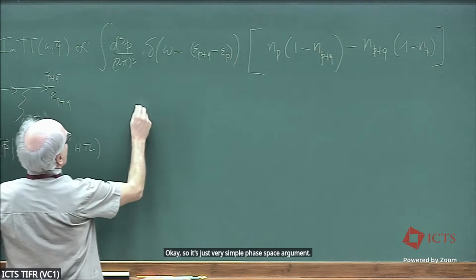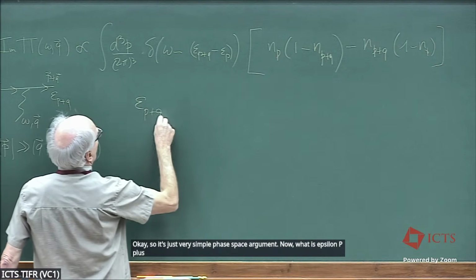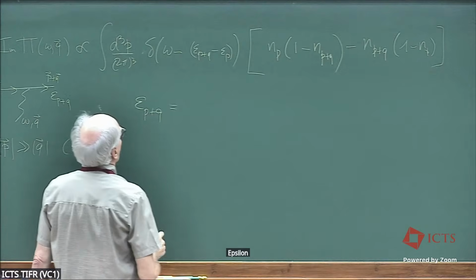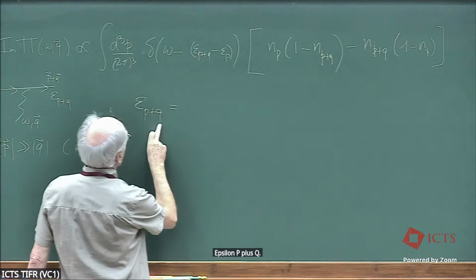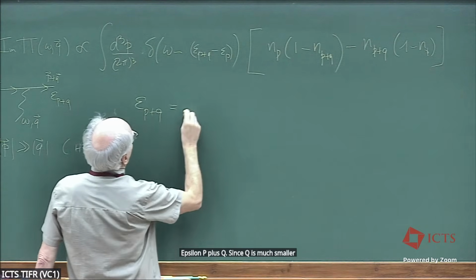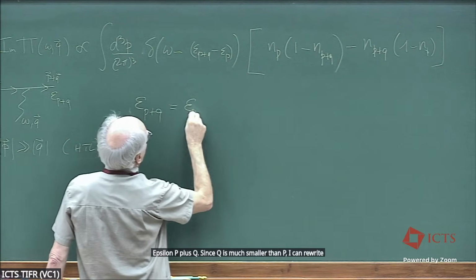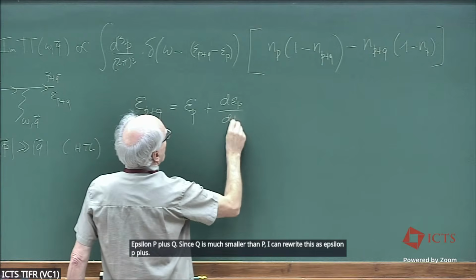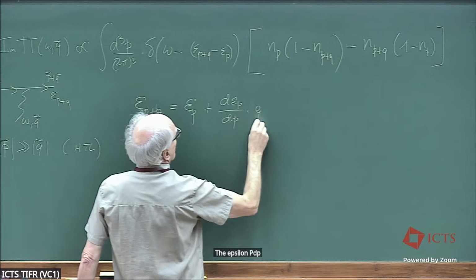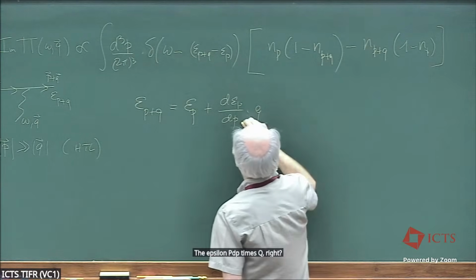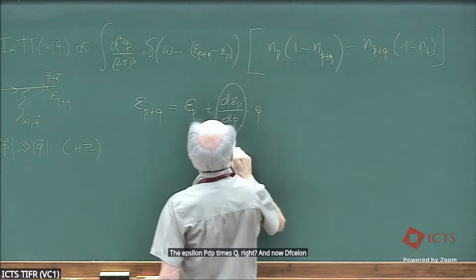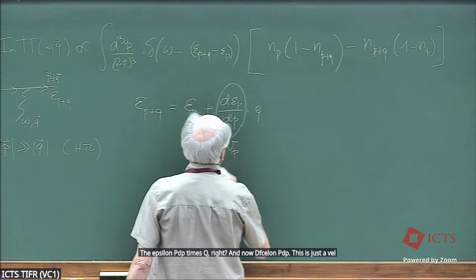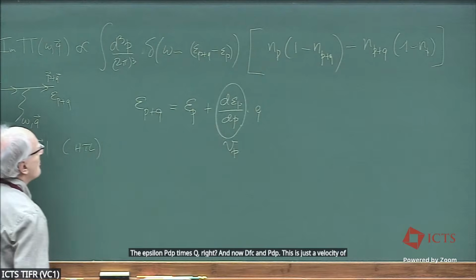Now, what is epsilon p plus q? Since q is much smaller than p, I can rewrite this as epsilon p plus d epsilon p over dp times q, right? And now d epsilon p over dp is just the velocity of the particle with momentum p.